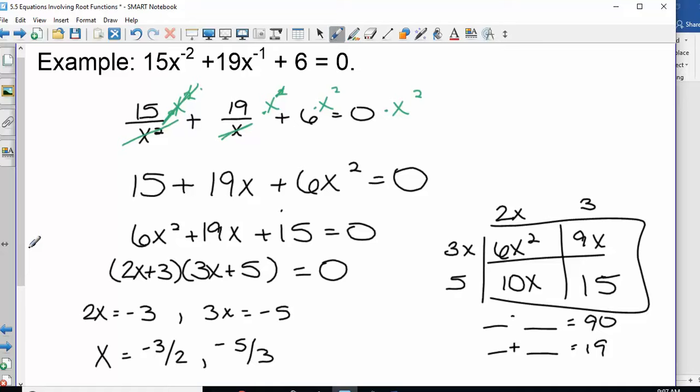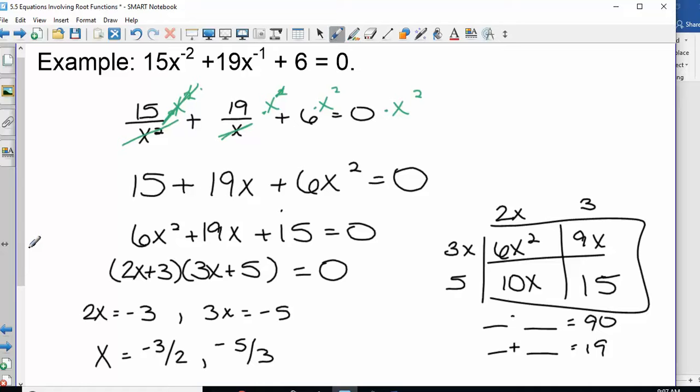So I have 15, parenthesis, negative 3 over 2, close my parenthesis to the negative 2 power, plus 19 times negative 3 over 2 to the negative 1. Plus 6.